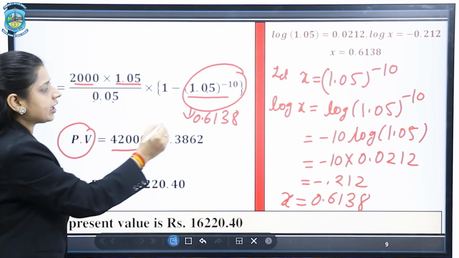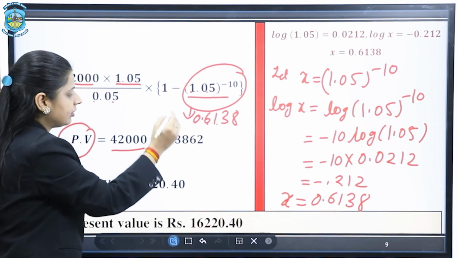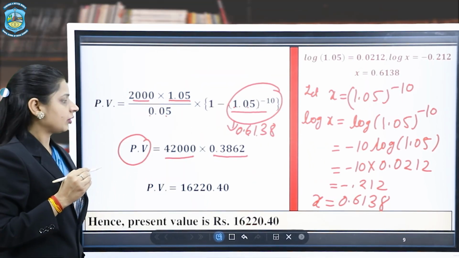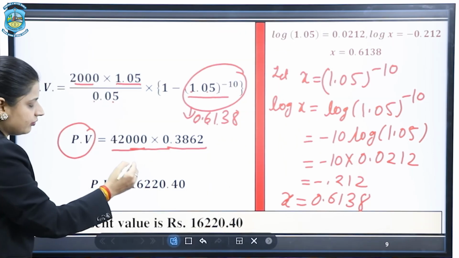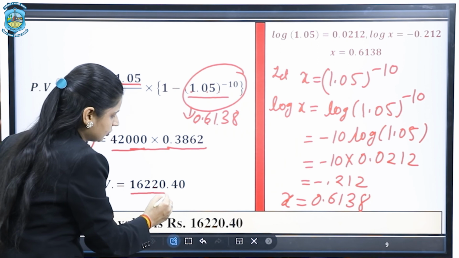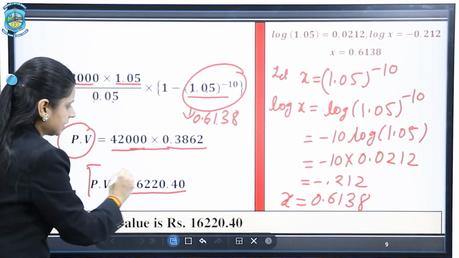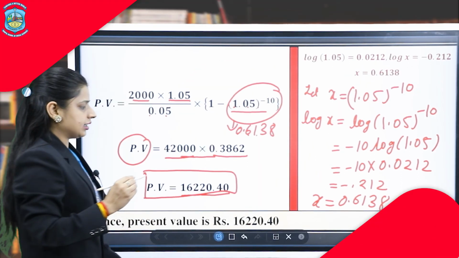When we subtract 0.6138 from 1, we get 0.3862. And on multiplication of these two terms, we get 16,220.40, which is the present value for this annuity, and that's our answer.